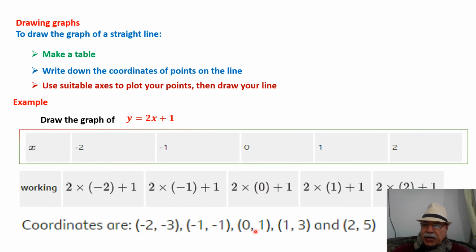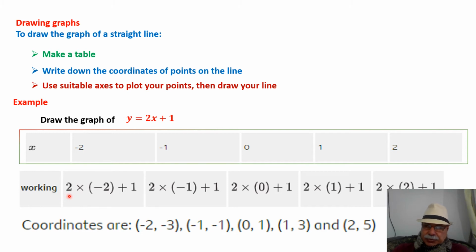Always x, y, x, y. See how it is coming here, minus 3. This minus 2, this minus 2 for x minus 2. 2 times minus 2 is minus 4, plus 1 is minus 3.